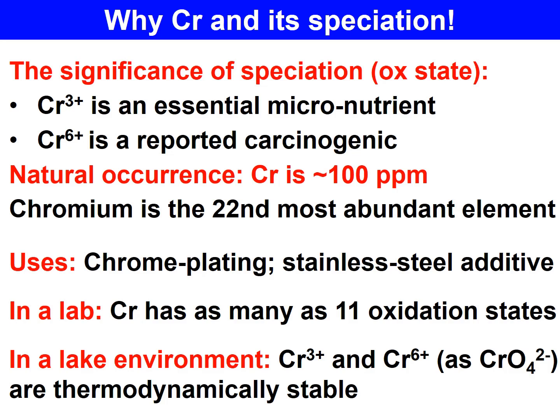In the lake environment, it's chromium 3+ and chromium 6+, but chromium 6+ appears as a molecule, whereas chromium 3+ is an ion. This molecule is negatively charged, and we're going to take advantage of this, because in lake environments, in water samples, only those two oxidation states are thermodynamically stable.